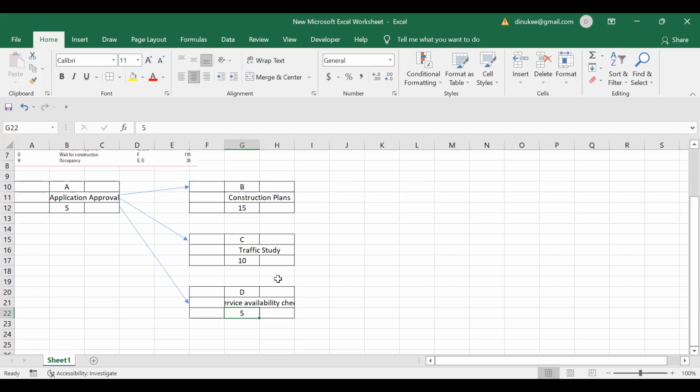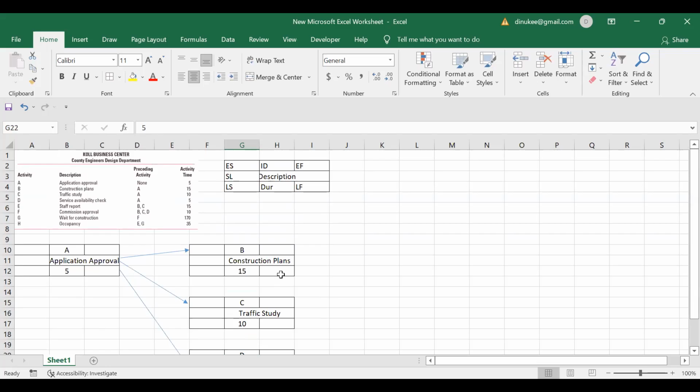So up to this point, is that clear? So we have drawn up to the activity D, right?